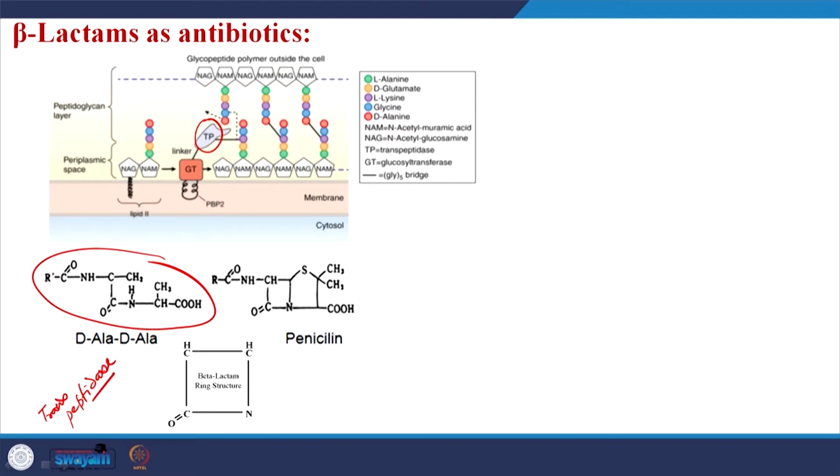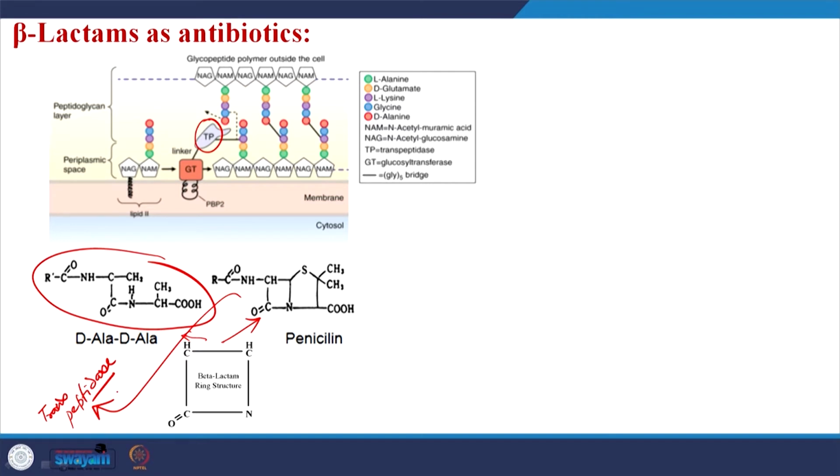Now, if you look at penicillin, which is the first beta lactam, you will see that it has remarkable similarity with the D-Ala-D-Ala. Because of that, penicillin or other beta lactams, which I will talk about later, sit down in the active site of the transpeptidase.